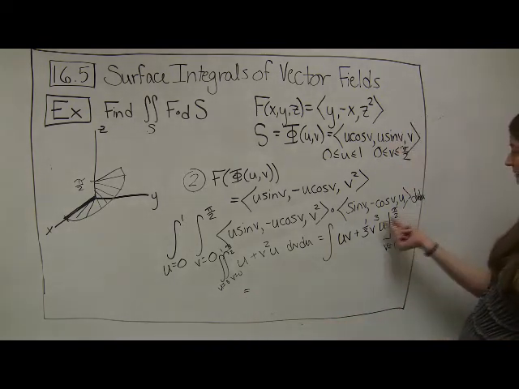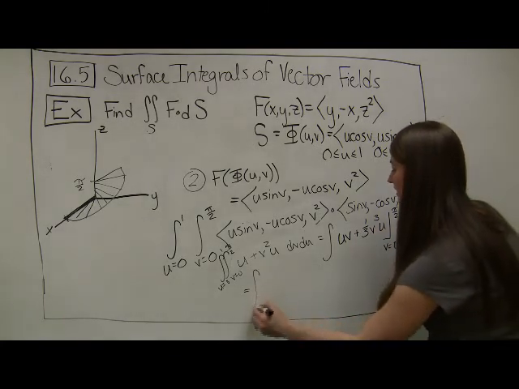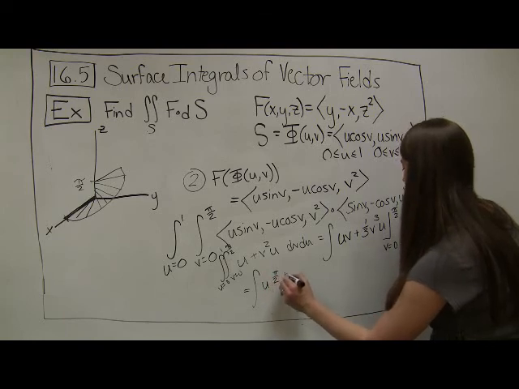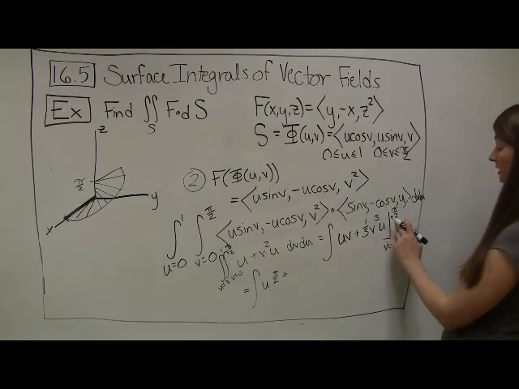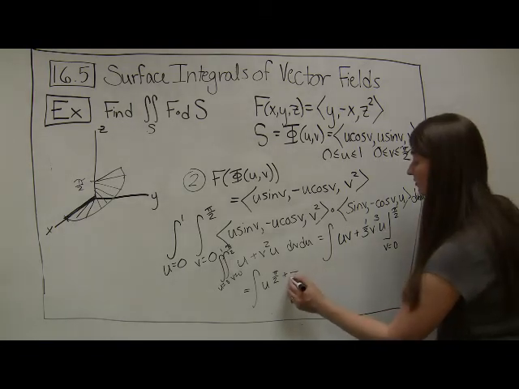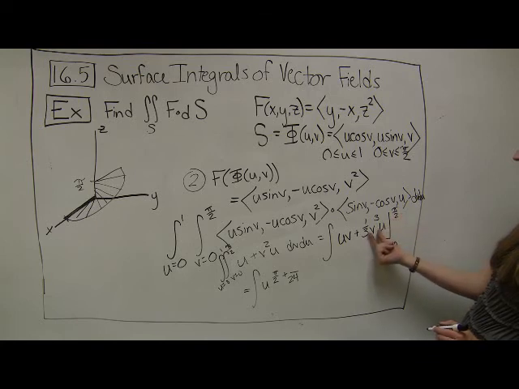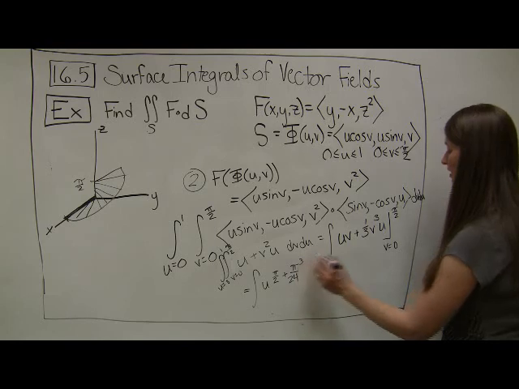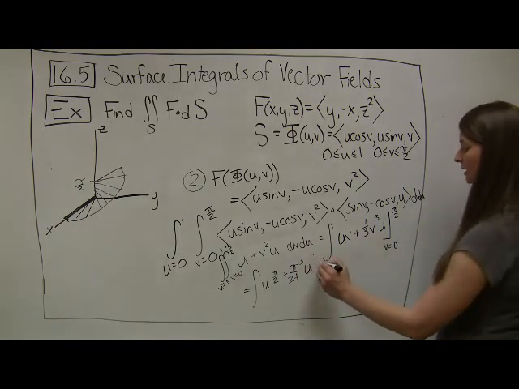Plugging in pi over 2 for each of these, I end up with u times pi over 2 plus pi over 2 times pi over 2 cubed, which is pi cubed over 8, and 8 times 3 is 24. So that was just my mental math of plugging in pi over 2 for v cubed. And I get pi cubed over 24, because there's the 1/3 there, times u du.